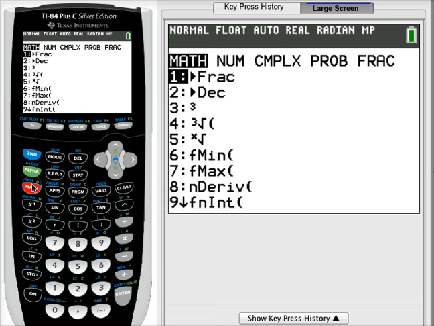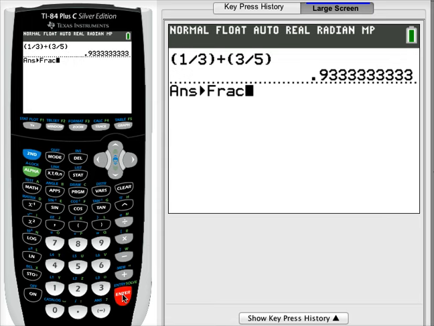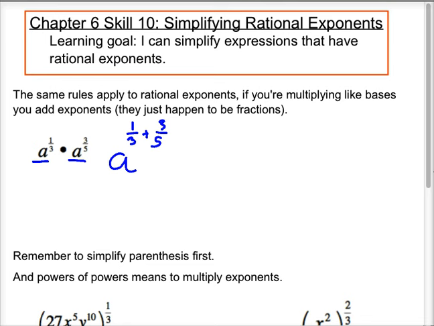Remember, if we go into math, to fraction, it actually turns it into a fraction for us. So, as a single expression, this would be a to the 14/15. And that's actually all that you have to do. That's it. Again, you just have to know how to type that into the calculator so you can add fractions easily.